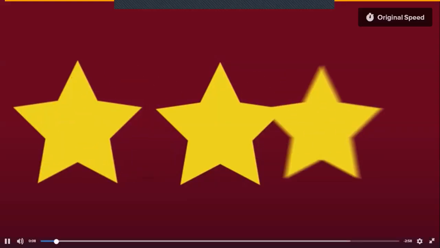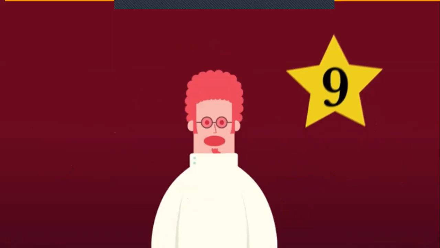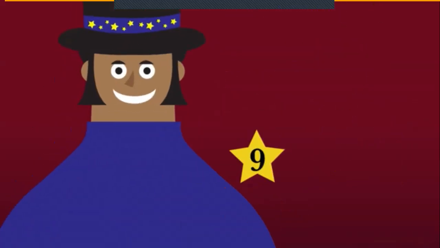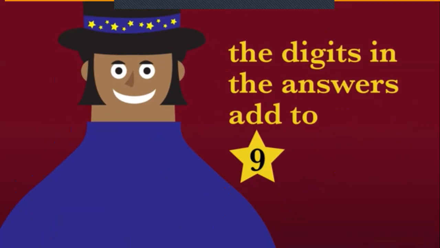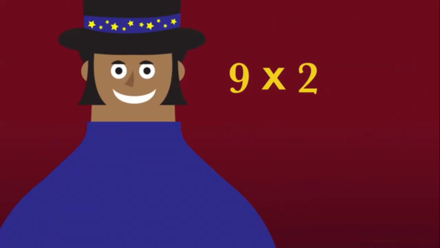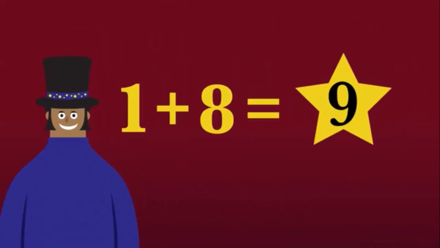All right. Check. Now 9 is a little bit magic. You can take it from me or from tragic. When you multiply by 9, the digits in the answers add to 9. Hold up, tragic, I don't get what you mean. Okay, take 9 times 2, which is 18. 1 plus 8 equals 9. And that's true every time.